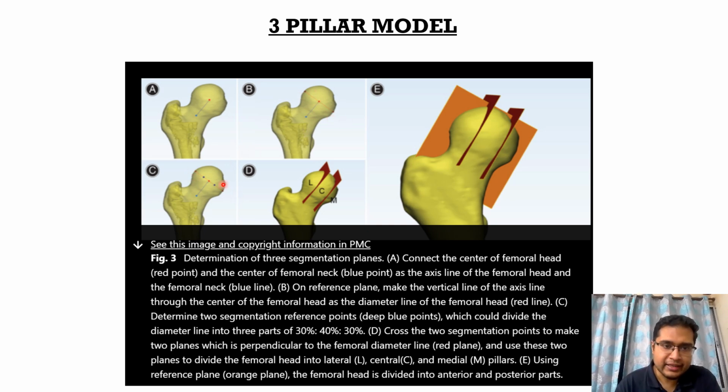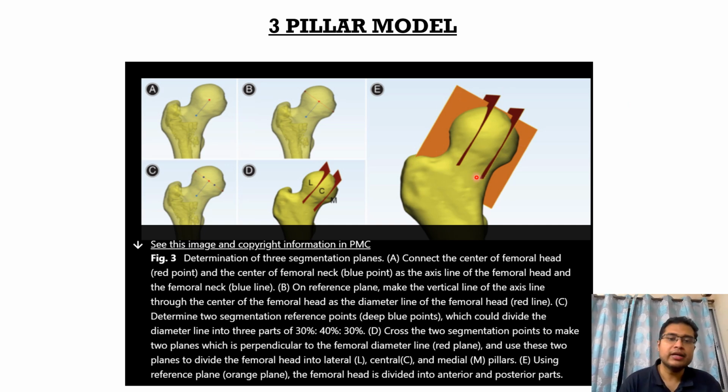Now in the second line, that is within the femoral head, we have to segment it into lateral, central and medial compartments. Lateral compartment being 30% of the femoral head, central compartment being 40% and medial compartment being 30% again. Then this entire segmentation has to be divided into anterior and posterior half by this particular line.